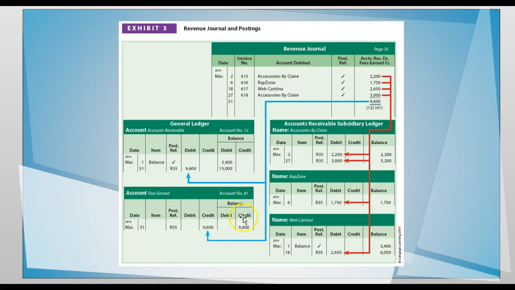See, there's only 2 entries that you make into the ledger rather than 4? And then over here, you're just transferring this information down so you can keep track of how much each customer owes you. So that's your revenue journal.